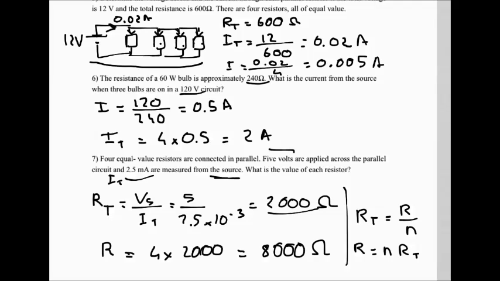Okay? So if you put resistors in parallel, it's going to get smaller, smaller, smaller. So if you put 4 equal resistors in parallel, the total resistance will be divided by 4. Okay, so total resistance will be the resistance of each resistor divided by 4.